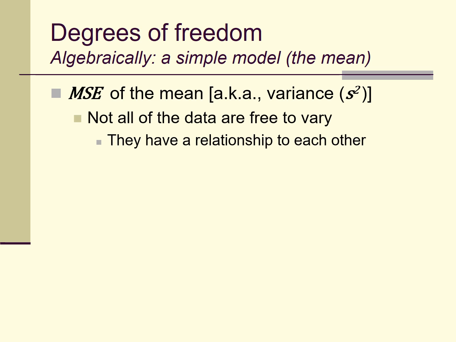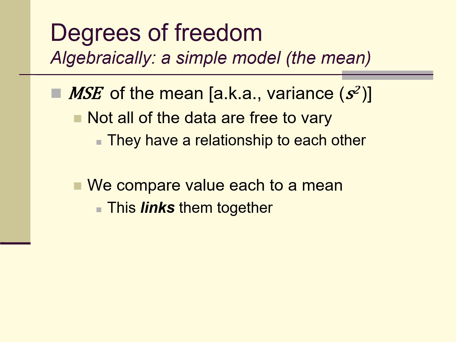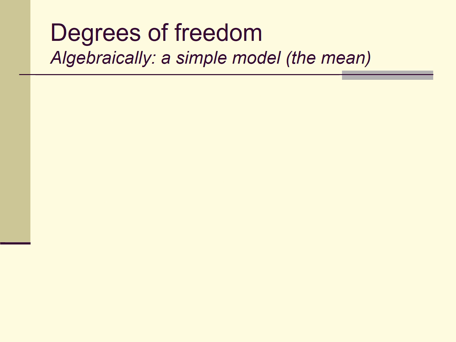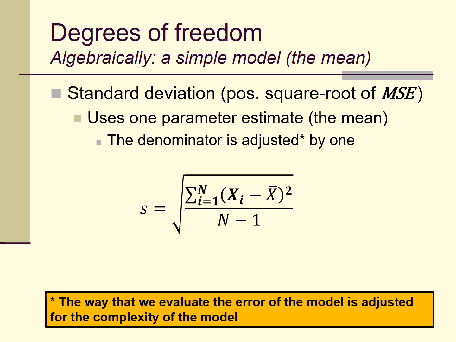Now, when we make this calculation, in a sense, not all the data that go into the calculation are free to vary, because they have a certain relationship to each other in that calculation. Specifically, we're comparing each value to the mean, and in this sense, they are all linked together. Now, if we look at the familiar formula for the standard deviation, which is just the positive square root of the variance, we can see that idea of the data being linked together reflected in two places.